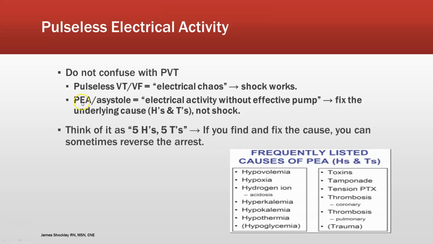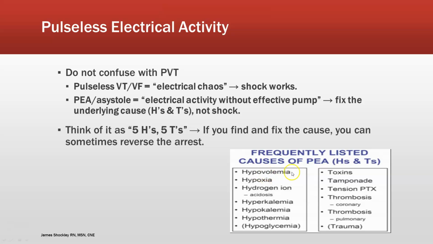For pulseless electrical activity or asystole, you really kind of want to try to look at those H's and T's, and there are a lot of H's and T's. These ones, the 5, I think are just the easiest to remember off the top of your head because it's pretty much the same.